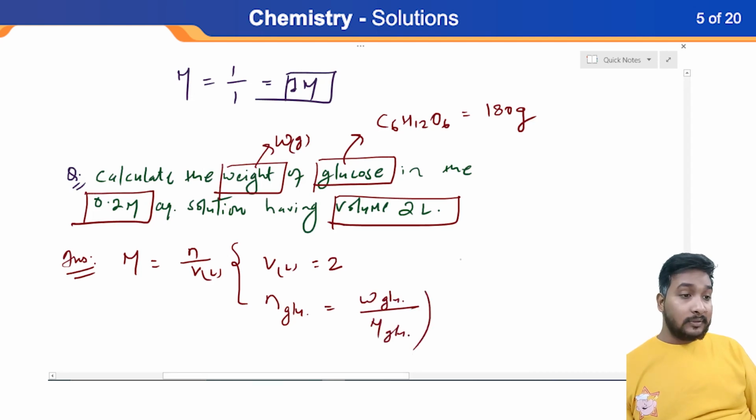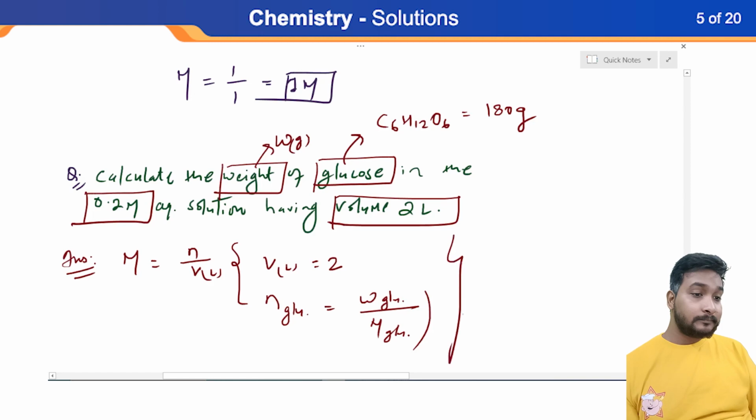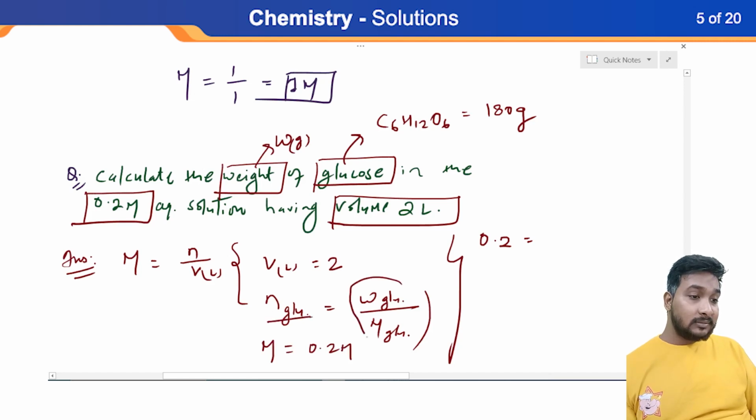Now, if we use the formula, M is given, so 0.2 is equal to moles, and in the section of moles we can write this expression, W by M upon volume, which is given as 2.